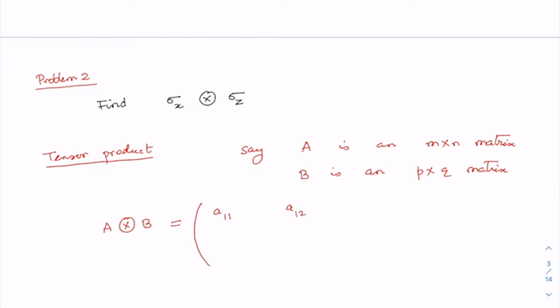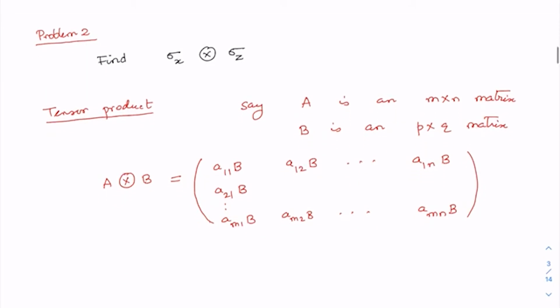Each element is multiplied by the matrix B, so here you will have A11 B, A12 B, up to A1n B, and similarly going down the column, we'll have A21 B, up to Am1 B, Am2 B, and finally Amn B. So this is what we have. So let us apply it to our problem.